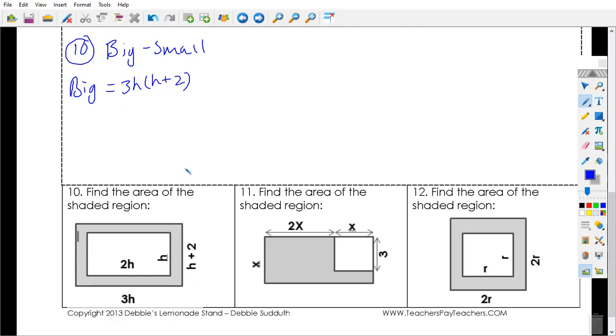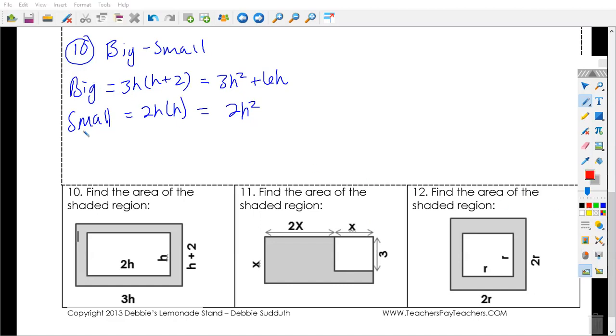And what does that give me? 3h squared plus 6h. Agree? All right. Now we're on to the small. The small equals 2h squared because it's 2h times h, which makes 2h squared. All right. Found it.